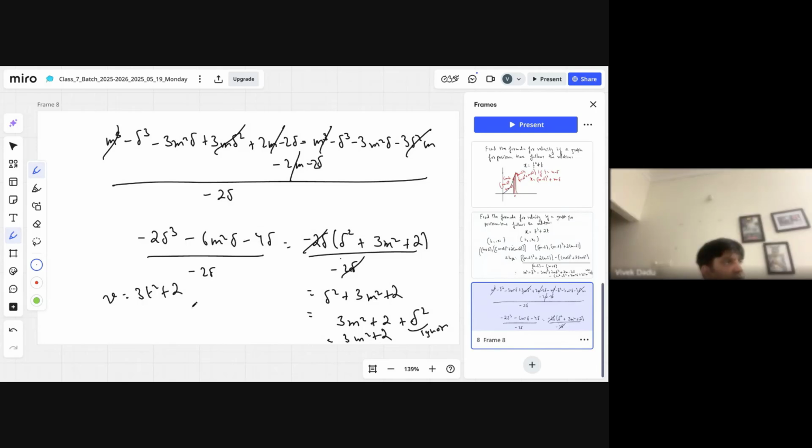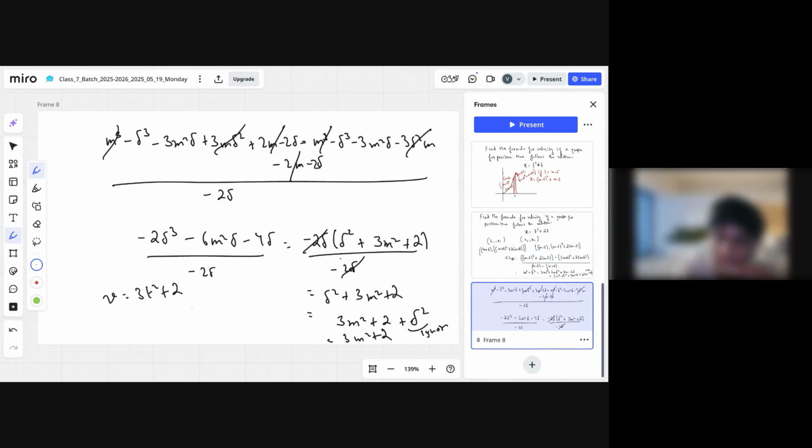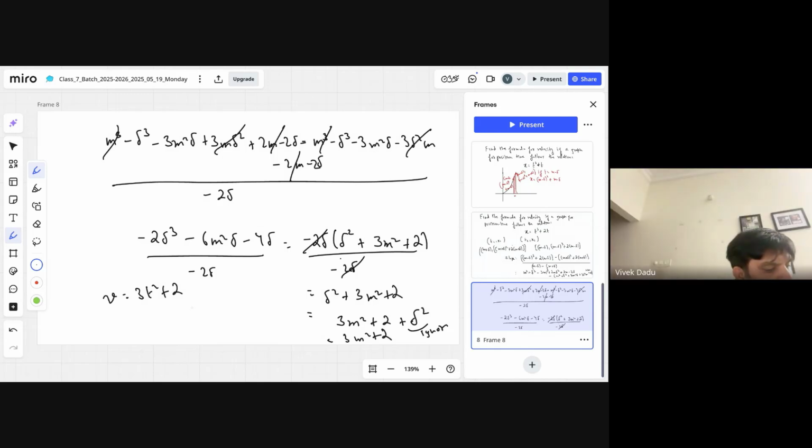I also got 3t squared plus 2 only. Sir, I got 3t squared plus 1. Then you got it wrong. So here's the problem. This plus 2 delta should have been plus 4 delta.